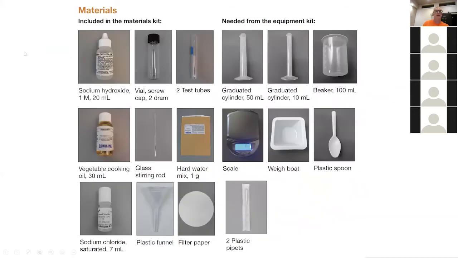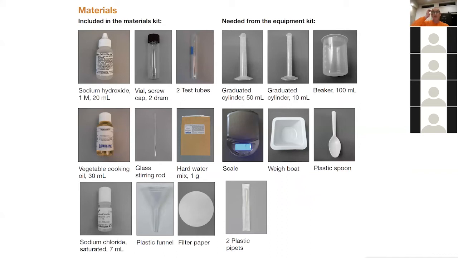Okay, so what are we going to need? Hopefully everyone found the little box or bag that says saponification of fatty acids on it. It pretty much has everything you need: the vegetable oil, hydroxide, and these screw top vials, which are very important.